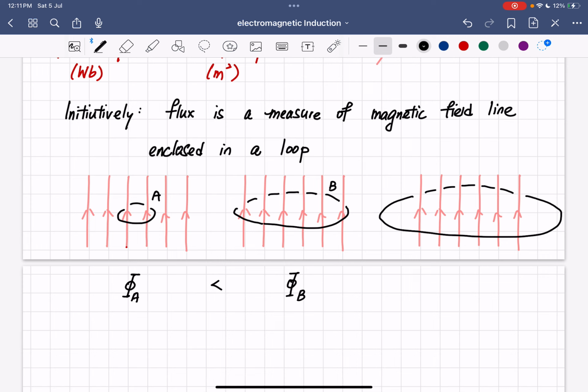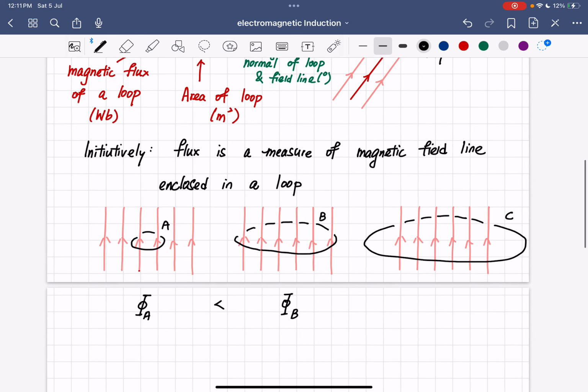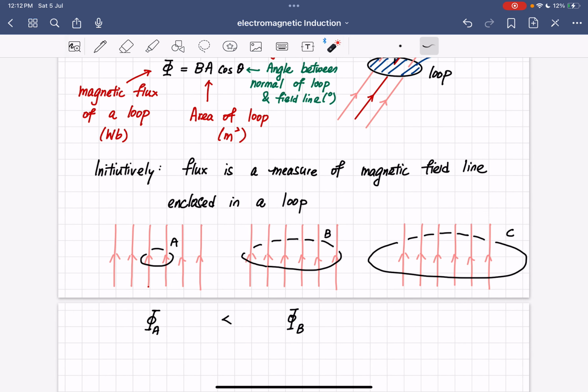which is bigger than loop B, that I'll call loop C, then I find out that although loop C has a much larger area than B, the number of field lines enclosed by loop C is the same as the number of field lines enclosed by loop B. Both of them enclose only 1, 2, 3, 4, 5, 6 field lines.